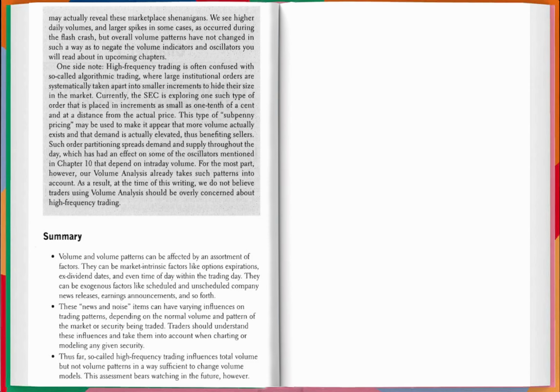This type of sub-penny pricing may be used to make it appear that more volume actually exists and that demand is actually elevated, thus benefiting sellers. Such order partitioning spreads demand and supply throughout the day, which has had an effect on some of the oscillators mentioned in Chapter 10 that depend on intraday volume.